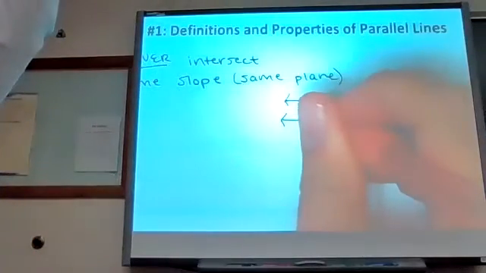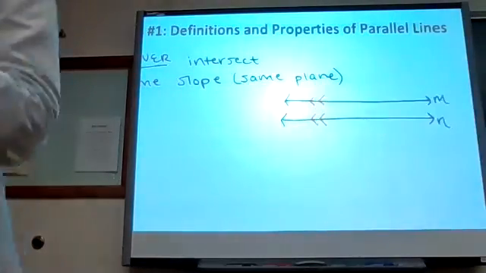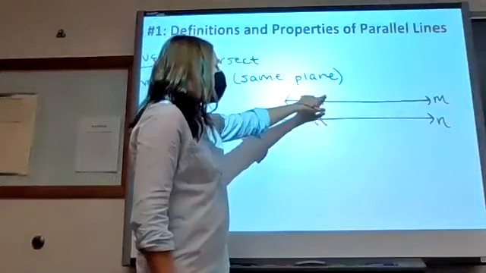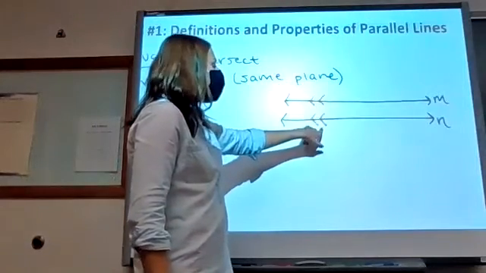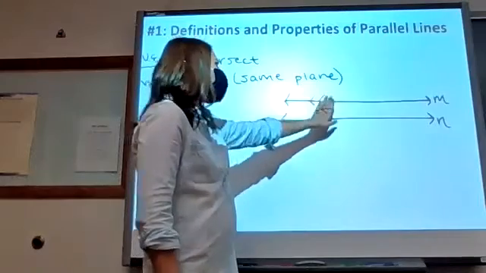And parallel lines are marked with these little arrows. So if a line has the same number of these little arrow indicators, then that's marking that it's parallel to another. And so I could have just put one.